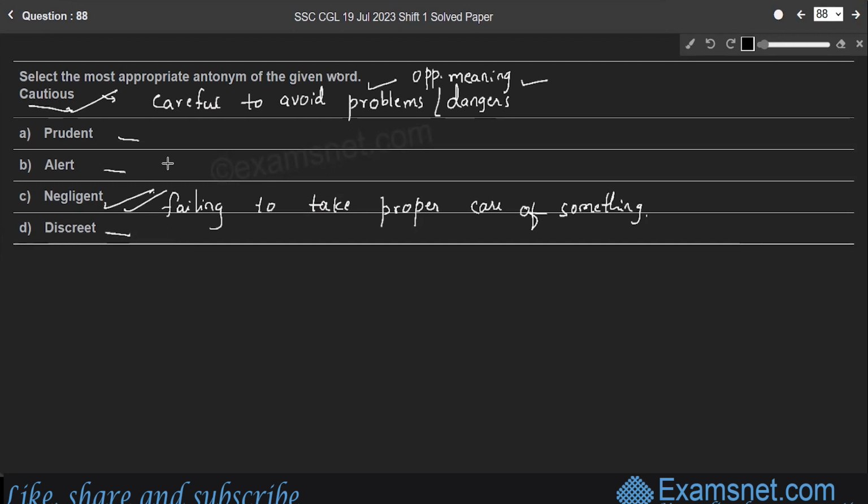Prudent means sensible or careful when making judgments or decisions, which gives a similar meaning to cautious. Alert means watchful for possible danger. Discreet means careful not to cause embarrassment or attract too much attention. So these three words give a similar meaning of cautious, whereas the third word, negligent, is the opposite word of cautious.